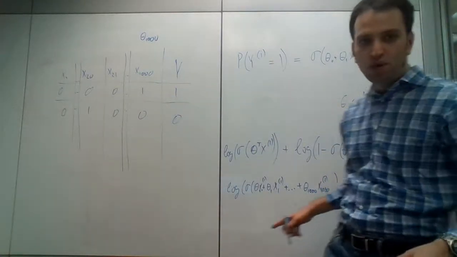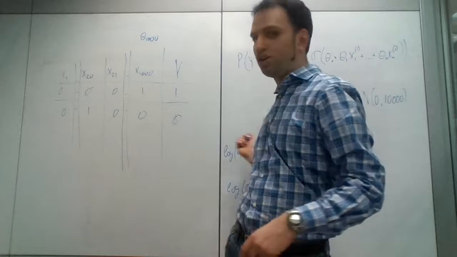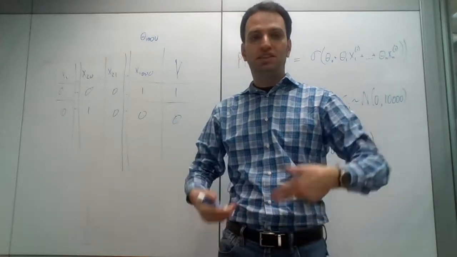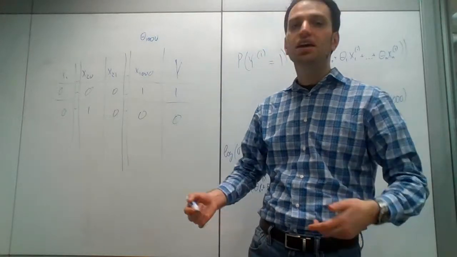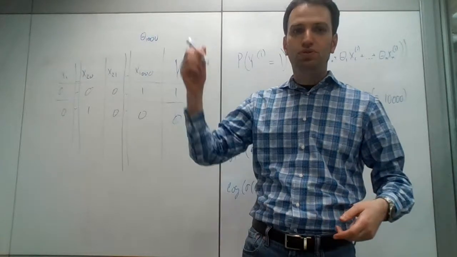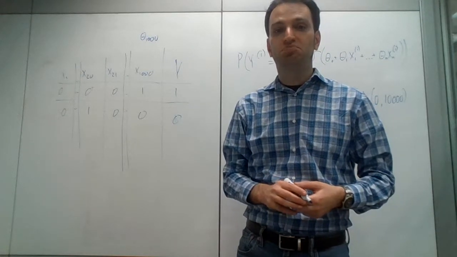So the larger theta 1000, the larger this term is going to be, which means that if we use gradient descent, theta 1000 is just going to escape to infinity.